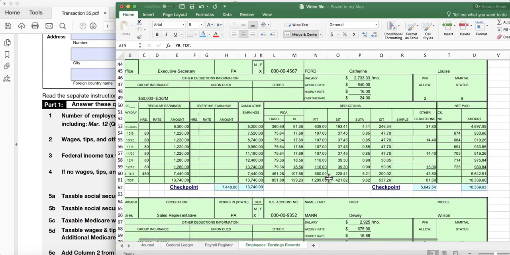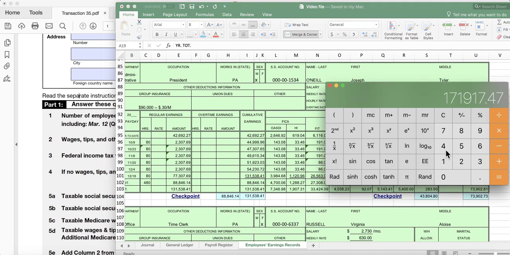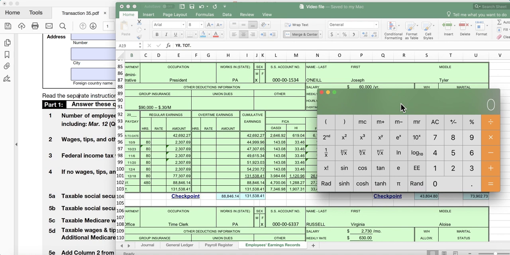So we would go down to O'Neill, take his 131,538.41, subtract the 118,500 max, which gives us $13,038.41.